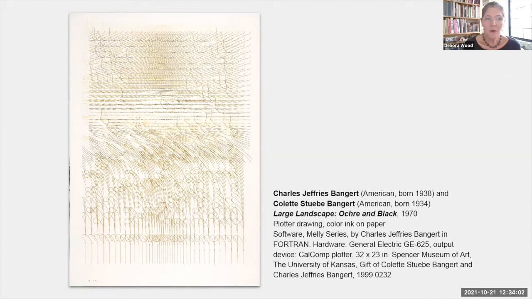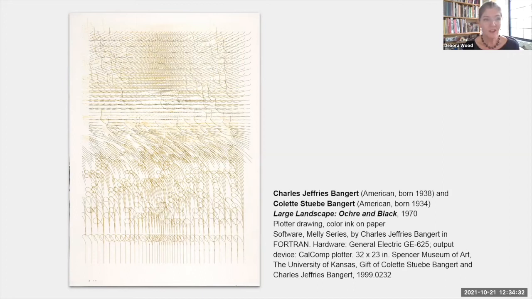The elements of both Jeff's computing work and Colette's handwork involve repetitive tasks, so making computer art together seemed a natural progression. Colette signs all of her independent work CSB, but the algorithmic work made with Jeff is signed CB, C standing for both Charles and Colette, as if the work is by one person.